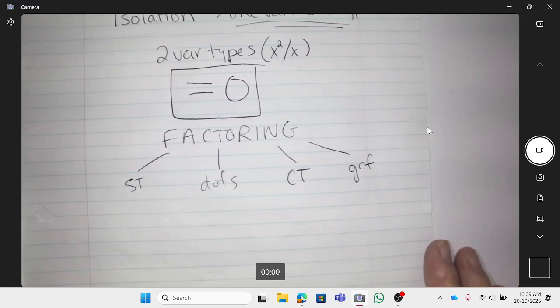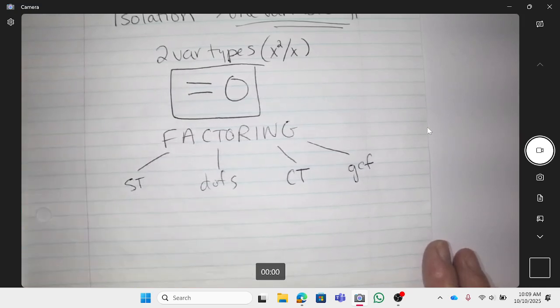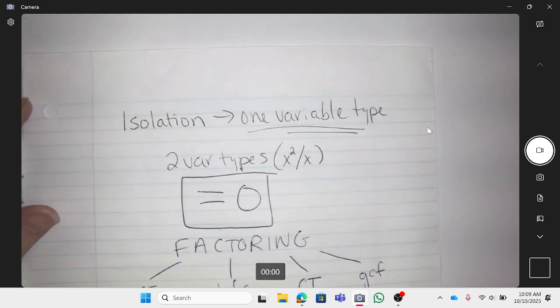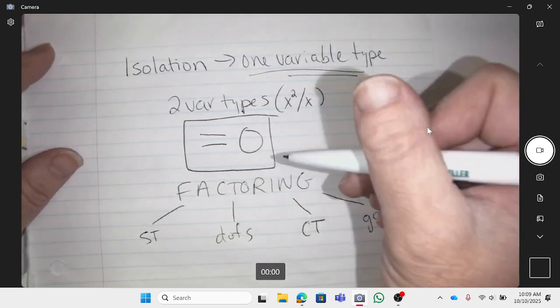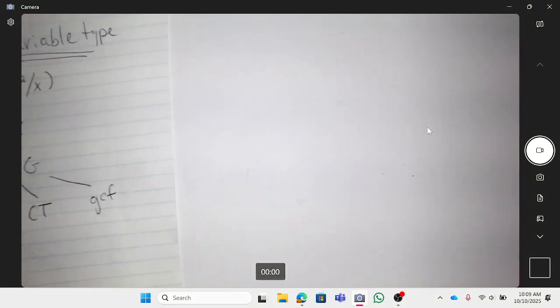Okay? So that's the gist of what we know so far. We're going to learn the next step later of what happens if it doesn't factor, because sometimes that will happen. But right now, if we have one variable, we can isolate, but as soon as we have two, must equal 0, try to factor.